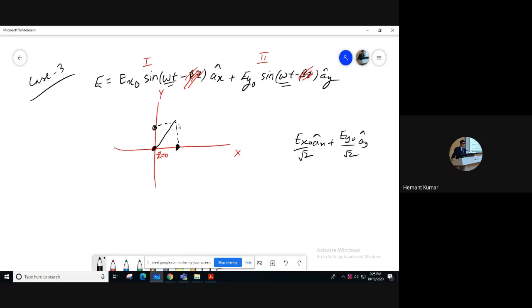Similarly, you put 90 degree in this. If you put 90 degree, this will become E x naught, this will become E y naught, and the magnitude will be this.